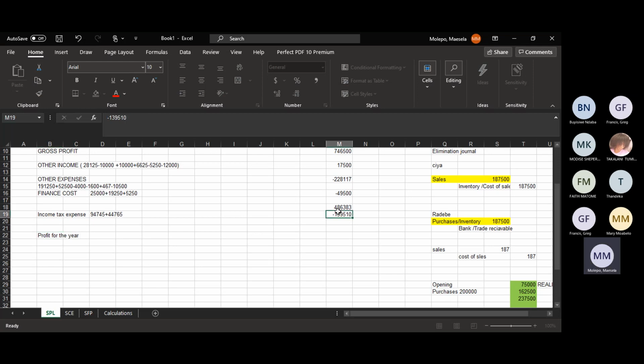Profit for the year is calculated as 486,383 minus 139,510, which is 346,873. Then we don't have any revaluation surplus made by the parent.